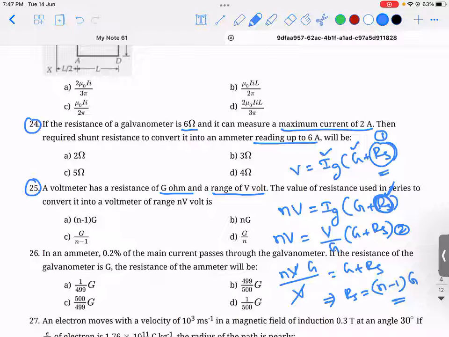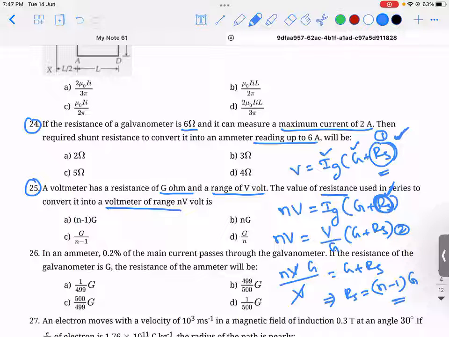That's my question. Previously I took V is equal to 1, now I'm taking it as NV. See, the value of resistance used in series to convert it into a voltmeter, it is the same galvanometer. I am able to understand what you're saying, but how will you say in what proportion RS would have changed?